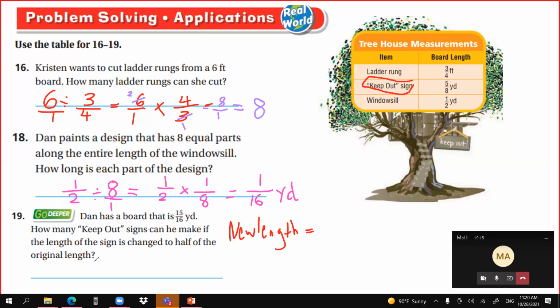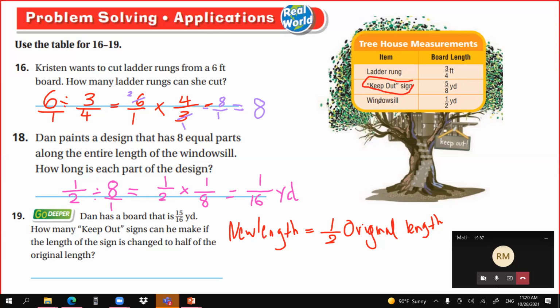So the new length would be half of what? Of the original length. What is the original length? From the table, what is the original length?